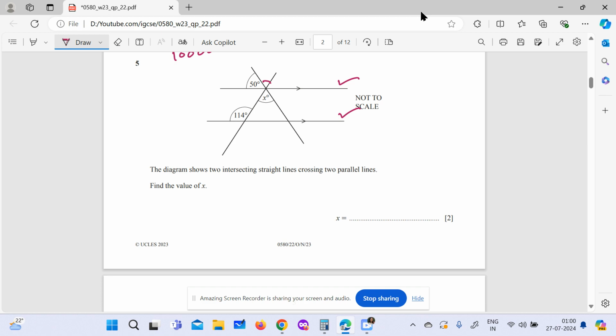What else can be done? One thing we can make out is that this is 50. Here we have 50. So here also this is 50, and here also we have 50. Yes, because this is a vertically opposite angle.